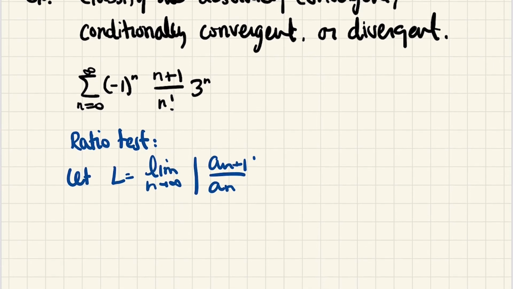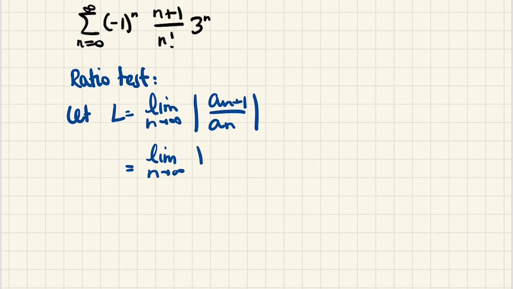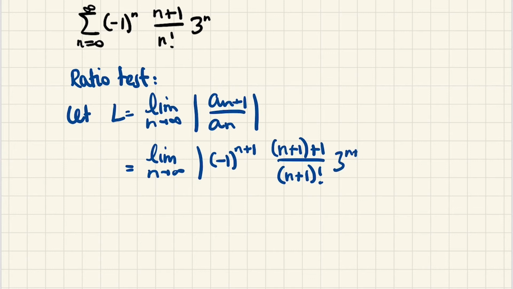Here, the absolute value will actually have some value because we're putting in an alternating series. So we know that the absolute value is going to essentially counteract the -1 power. Let's put it in for the moment, though. So we have -1 to the n plus 1, and then we have n plus 1 plus 1 over n plus 1 factorial, 3 to the n plus 1. So that was all a_(n+1), and then we're going to divide by a_n.